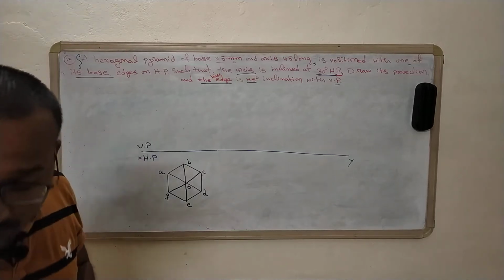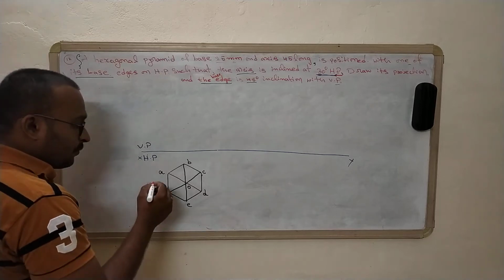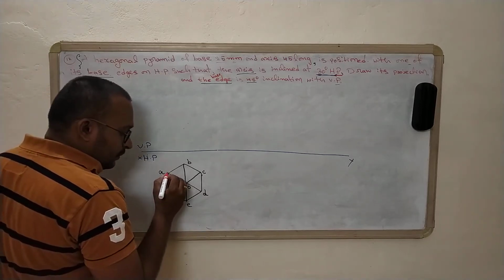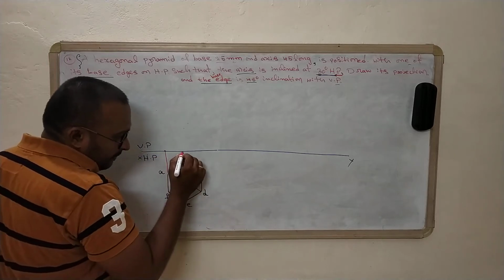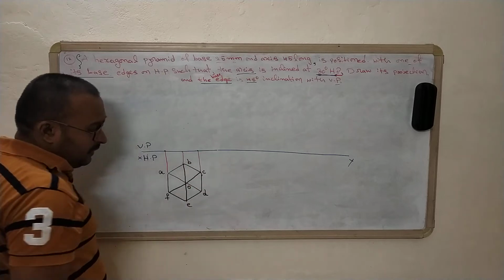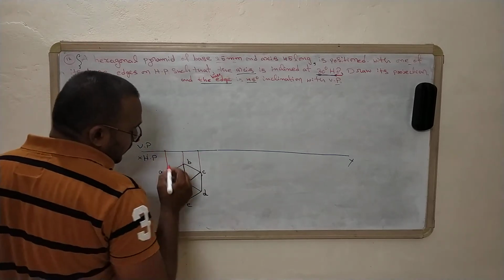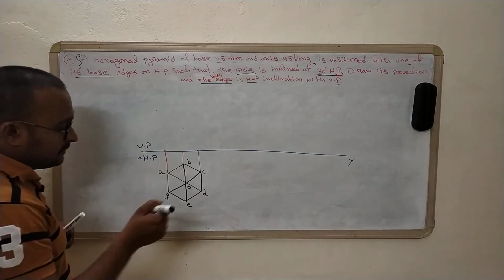So now we need to project the first stage front view. Project the top view upwards, and then this is the base surface.